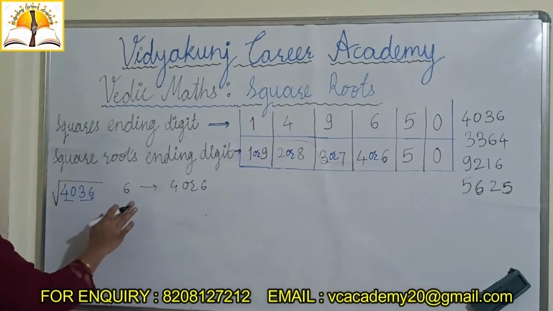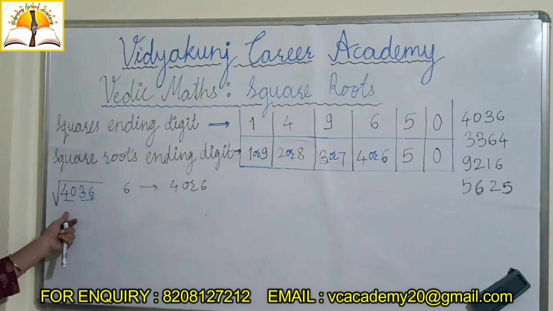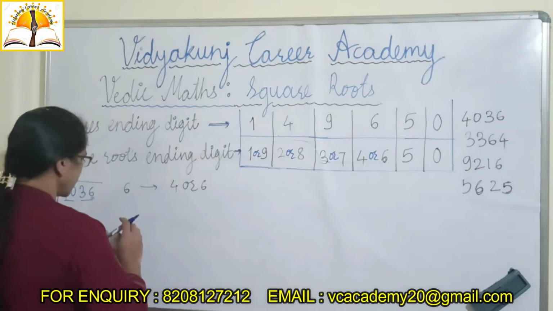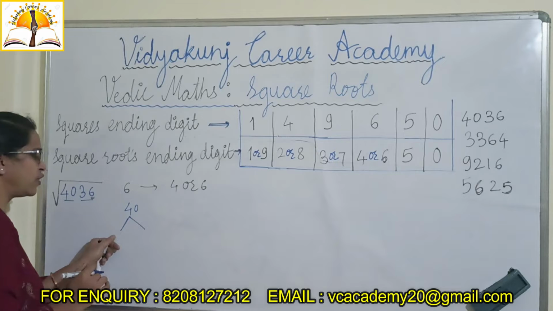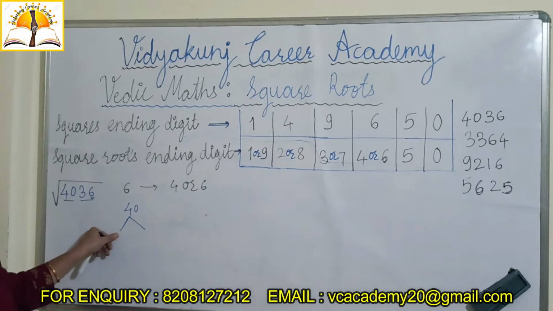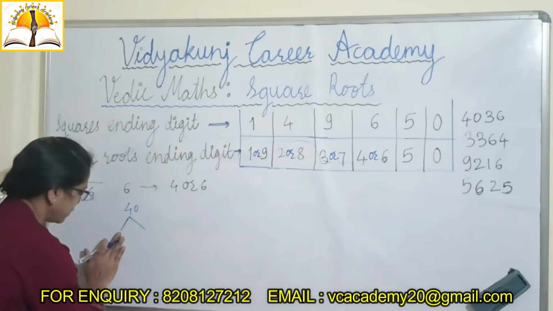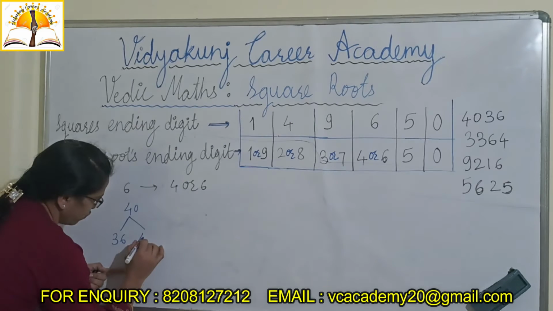This is the second step. Now the third step: this is 40. 40 is not exactly the square of any number. In this case we have to see that 3 squared is 9, 4 squared is 16, 5 squared is 25, 6 squared is 36 and 7 squared is 49.